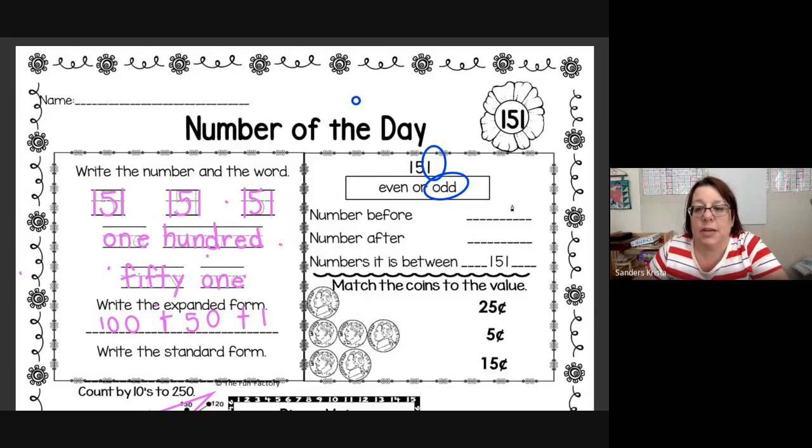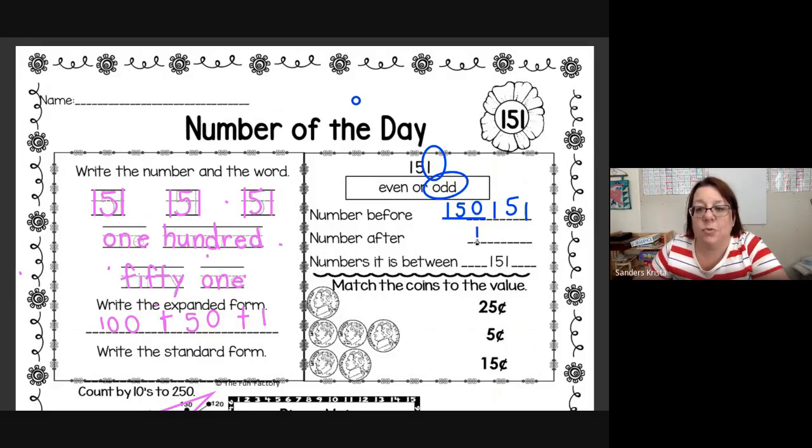So if my number is 151, what number comes before 151, right? My hundreds are going to be the same. I'll have 5 tens and 0 ones. So 150, 151.